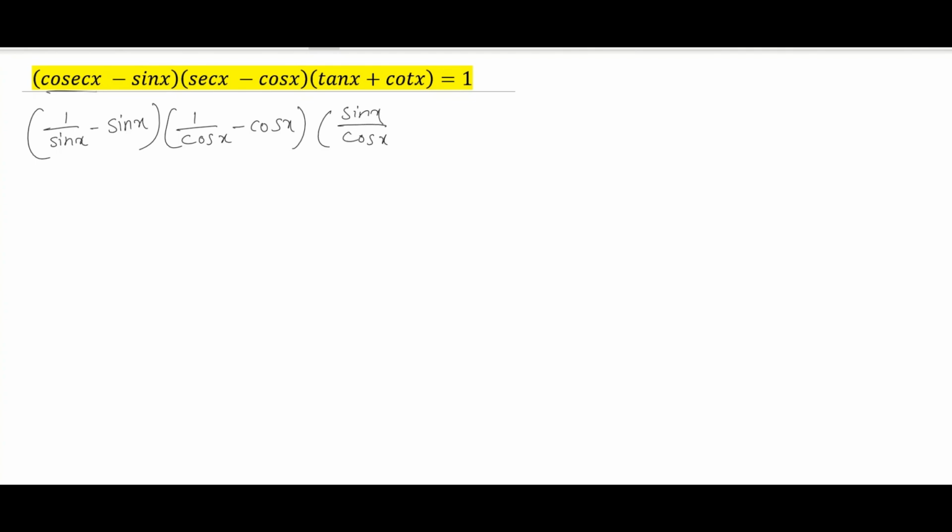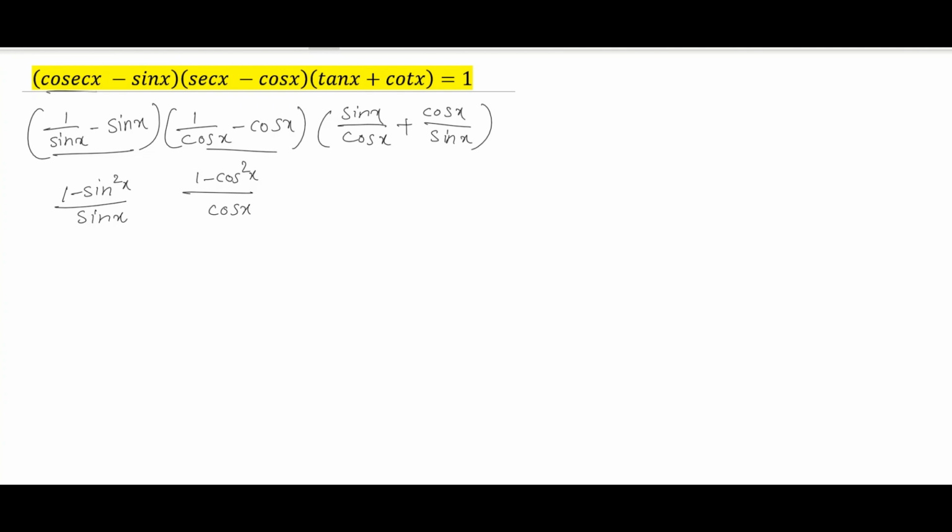And again we have cot, which is nothing but cos by sine. Now here if we take the LCM, it becomes 1 minus sine square x by sine x. Here LCM is cos, so 1 minus cos square x by cos x.